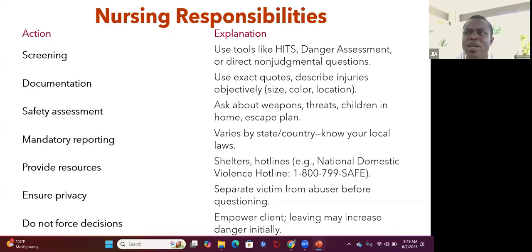So the question is: a patient with heart failure with ascites and having difficulty in breathing. What will be the priority action for this patient?